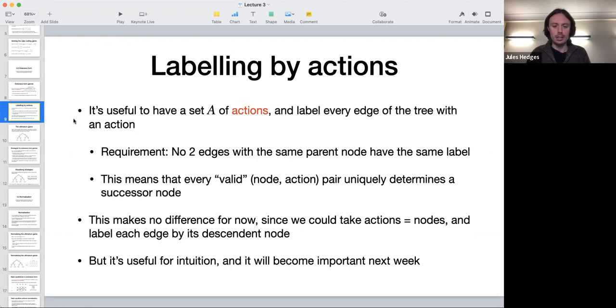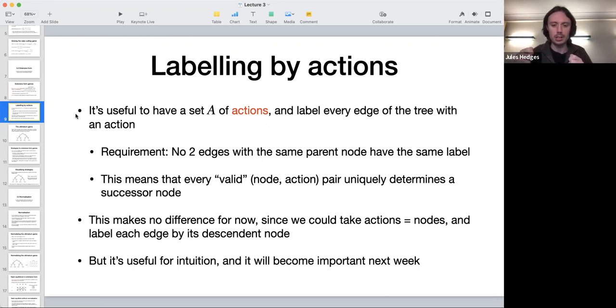The labeling by actions comes with a requirement: if we have two different edges coming out of the same node, then these have to have different labels. Or to say the contrapositive, we cannot have two different edges with the same parent node and the same label.